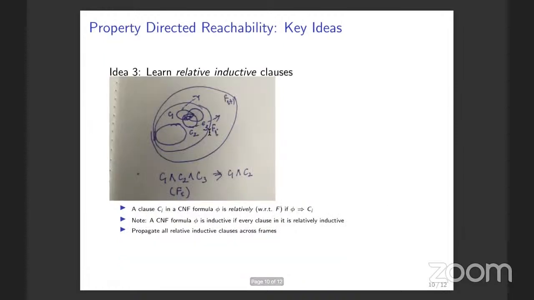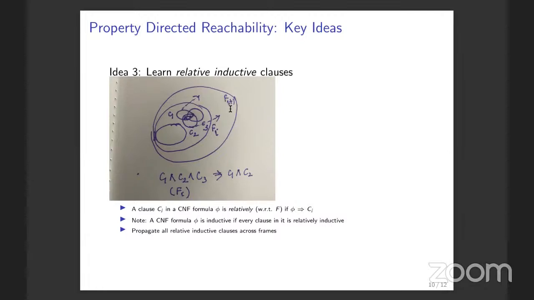You combine that with learning inductive clauses and using that to also strengthen these frames, so that you will get to an inductive invariant that is strong enough to prove the property.